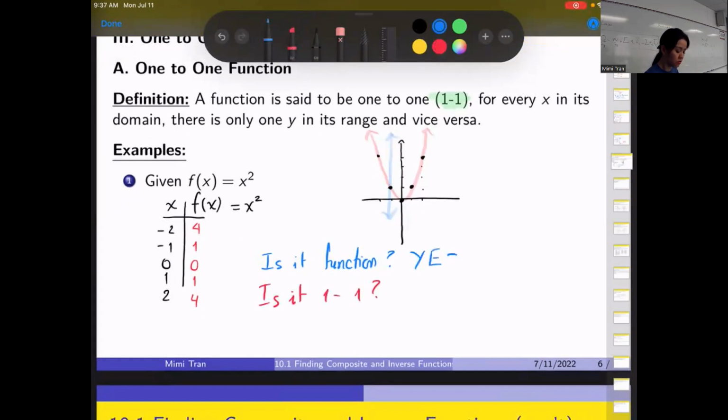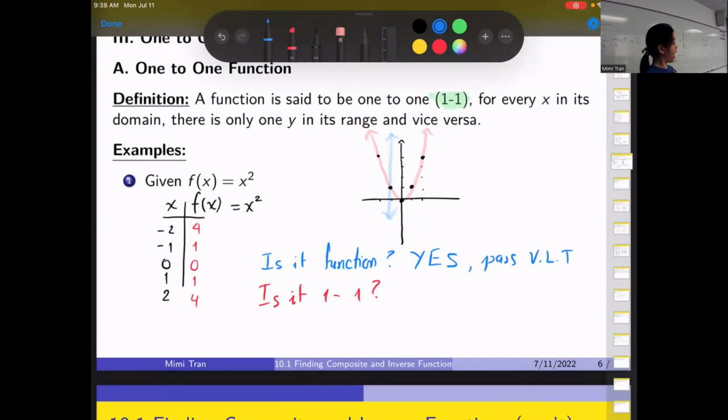Let's say yes here, it passes the vertical line test. Is it a one-to-one function? Well, it is not, but what gives it away?